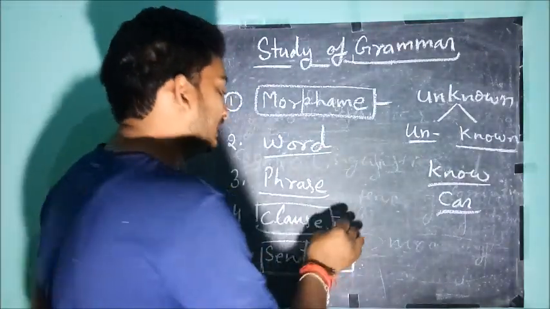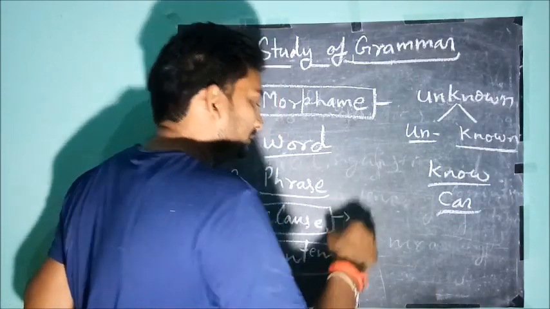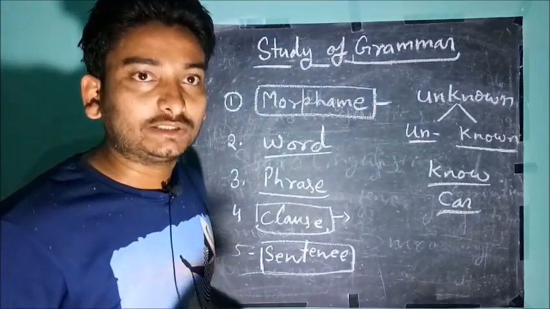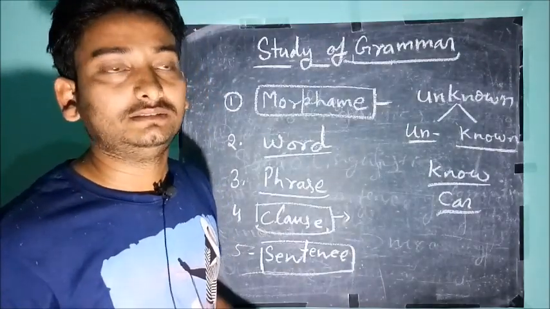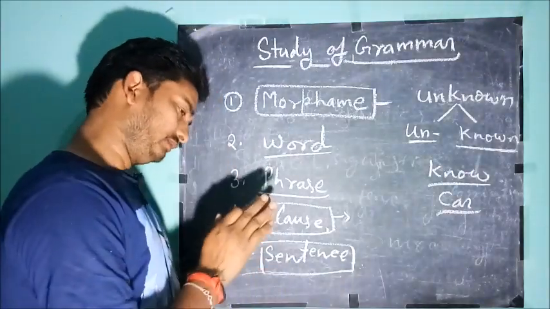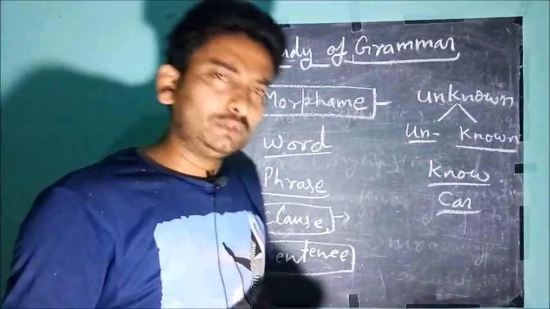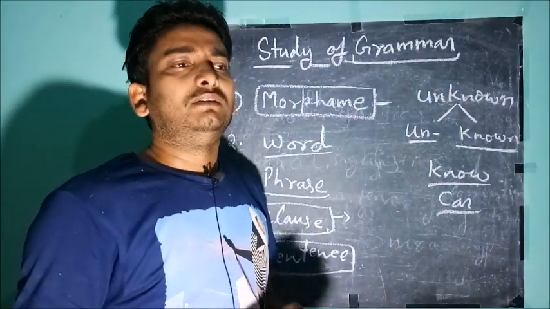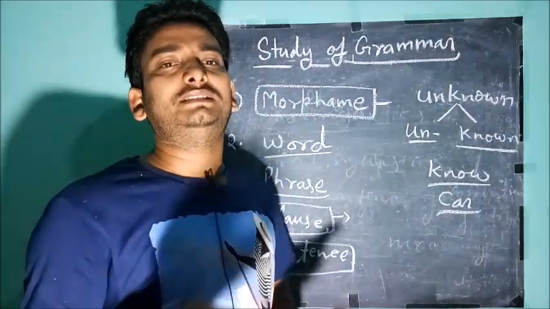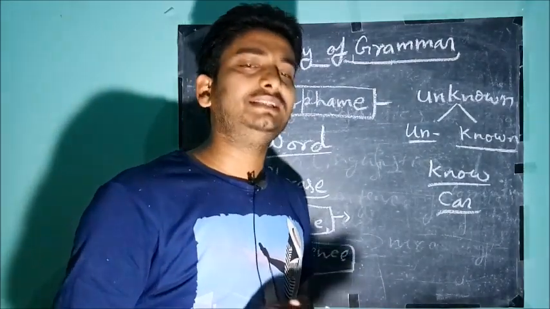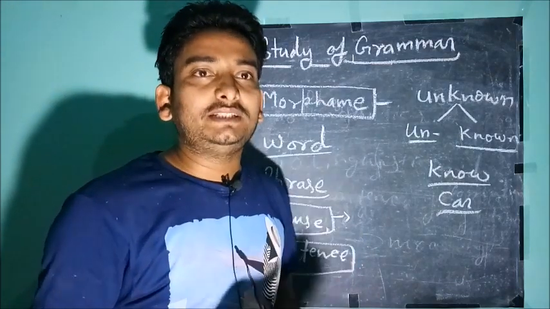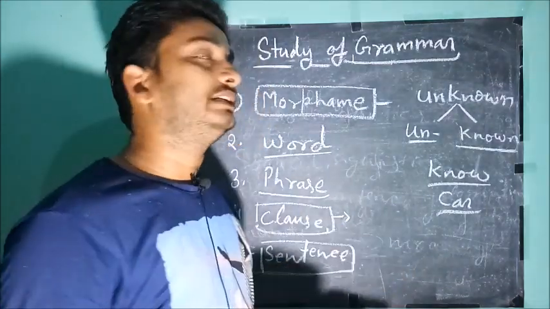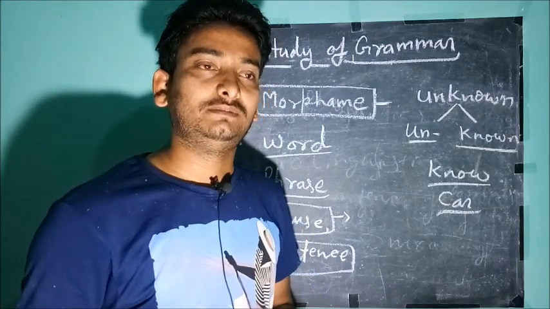Another thing, a clause may be a sentence also, but every sentence is not a clause. For example, when we talk about complex and compound sentences, there is more than one clause, and a subordinate clause is dependent on the principal clause.